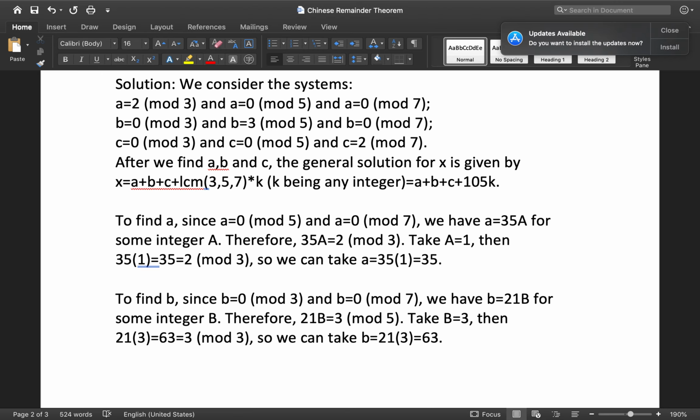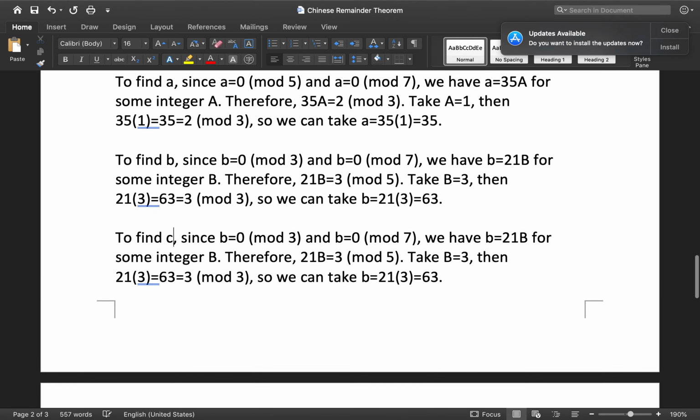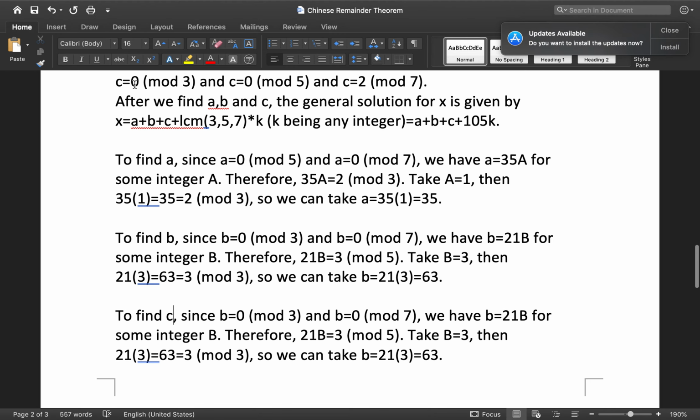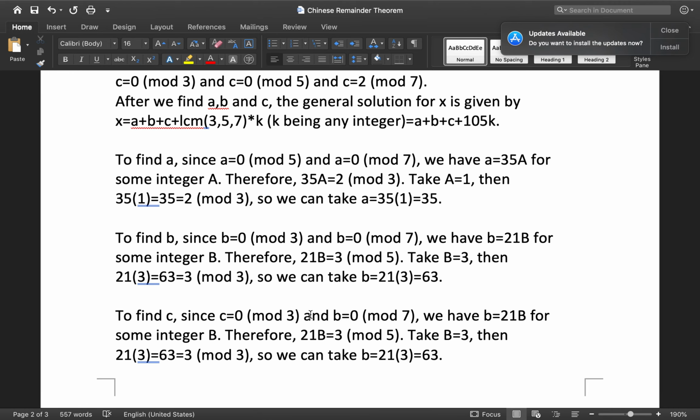Now for the final case, for c, again I copy and paste to find c. Now these are the equations for c, right? So here you have to again take care of those equations which are congruent to 0. So c is congruent to 0 modulo 3, c is congruent to 0 modulo 5.